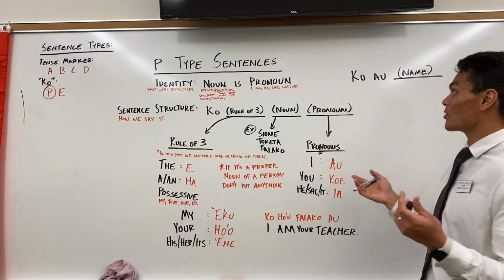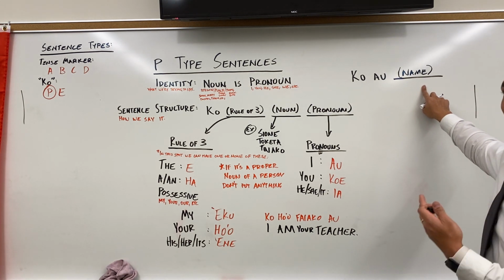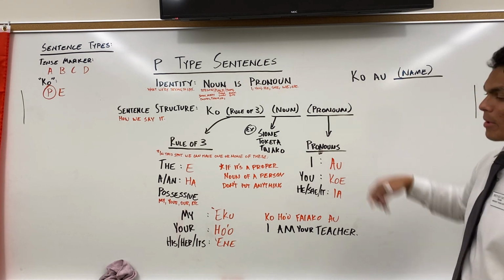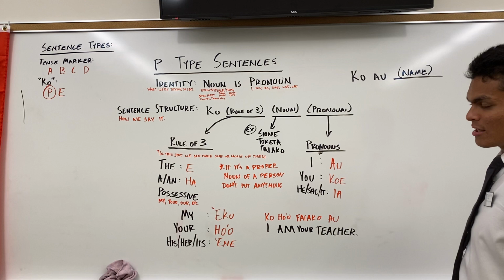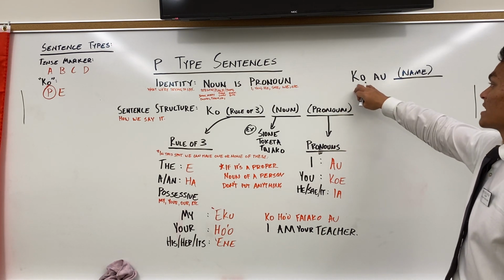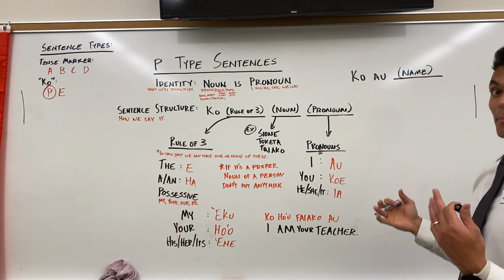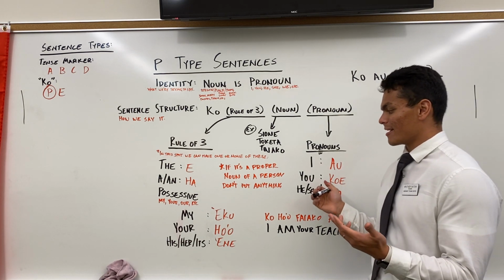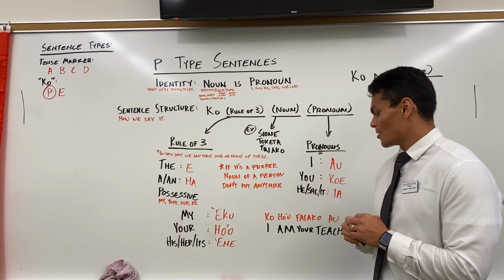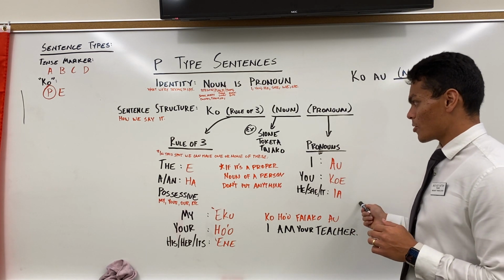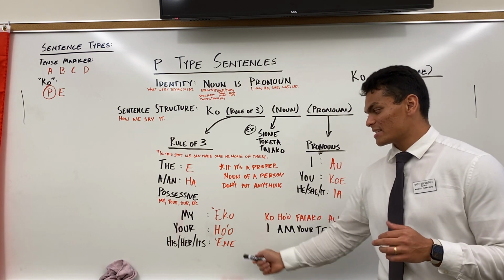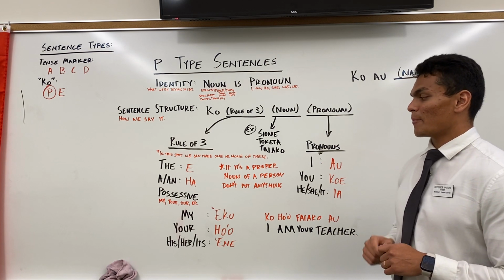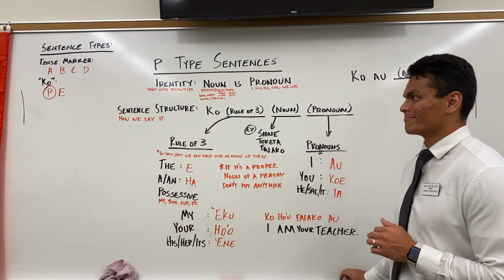I can say it either way with names. This only works with I. It probably still makes sense if I said koe Sione, whatever, but most commonly we're going to say go ao, our name. So I am blank. And that is P-type sentences with simple postposed pronouns, simple possessives, simple E-class possessives, and the rule of three. Thank you.